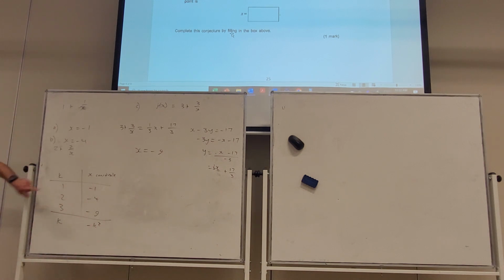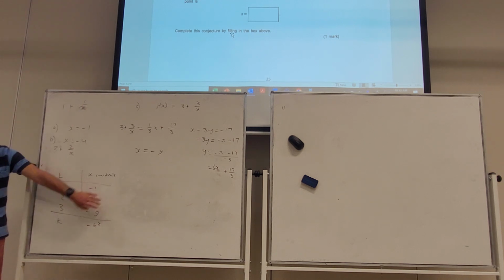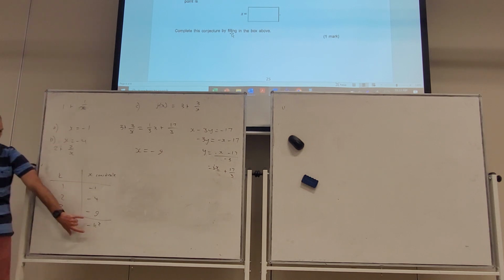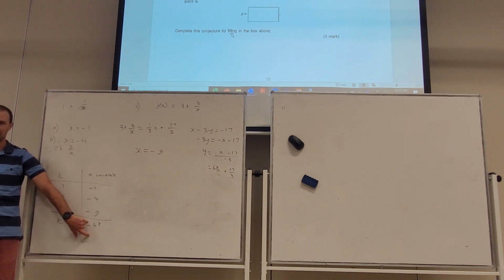Yep. So you can see here, this number, it's negative, but then it's squared, isn't it? 2 squared is negative 4, 3 squared, and then it becomes negative 9. So our solution is, if we have the function k, the general case, we expect the x coordinate to be negative k squared.